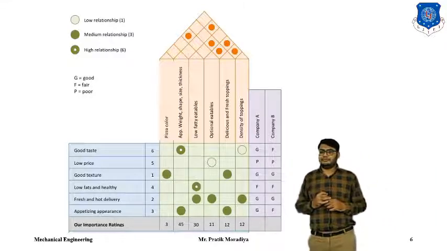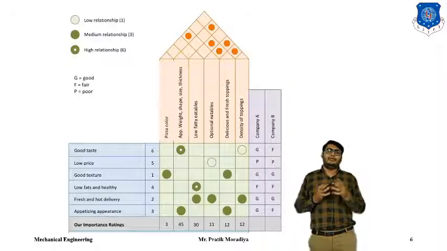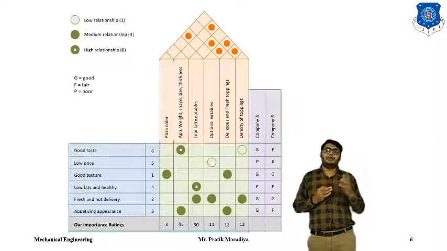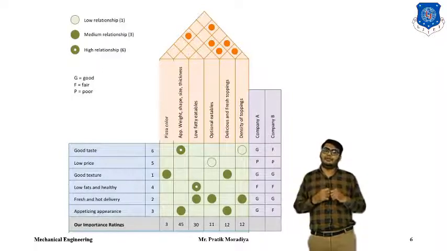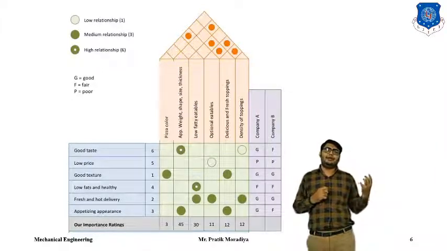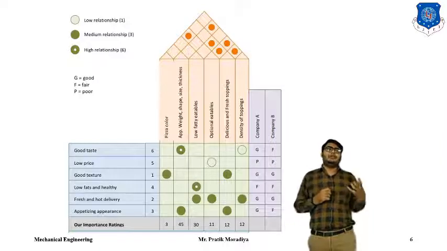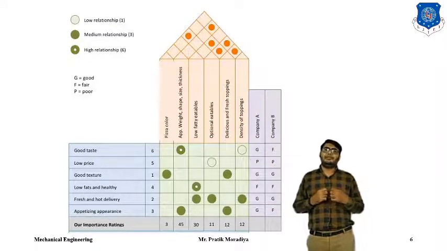For example, pizza color and the optional toppings. They will have some trade-off because if your optional toppings are of different types, then the color of the pizza will differ. If they are of one type, if I choose only capsicums as my optional toppings, then my pizza will be greenish.